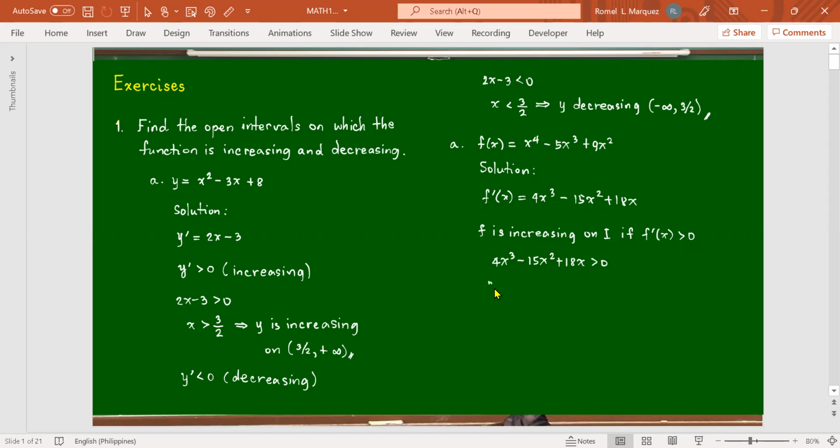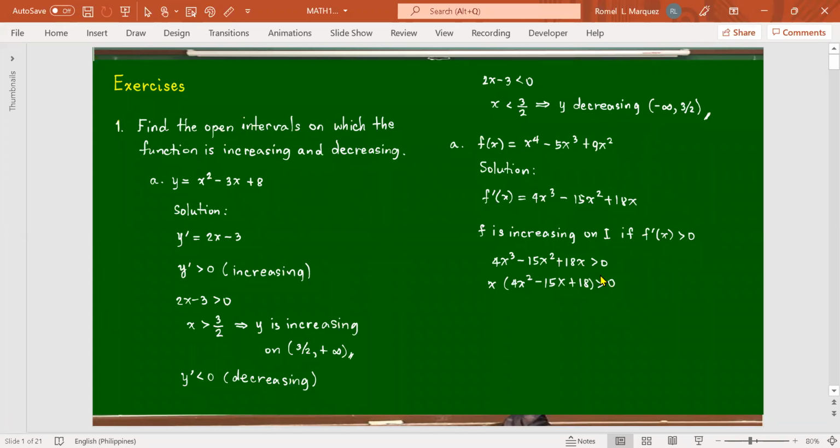So factoring out x, we get the other factor is 4x squared minus 15x plus 18 greater than 0. This is quadratic, the second factor. Now, let's check if this is factorable.